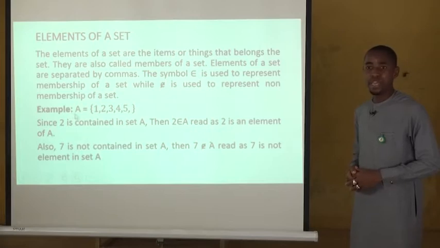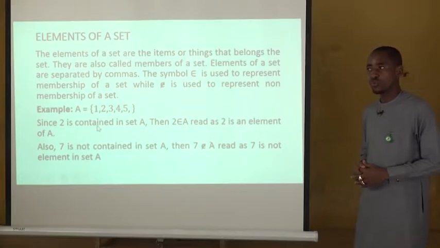For example, let A be a set of 1, 2, 3, 4, and 5. Now looking at this set, the elements or members within set A are 1, 2, 3, 4, and 5.